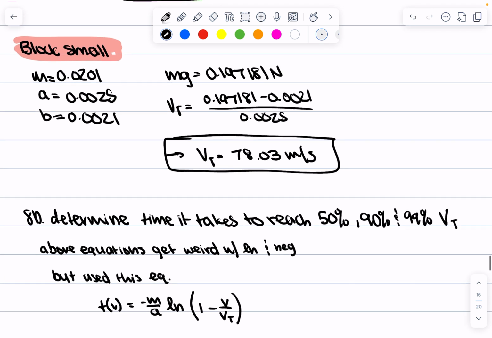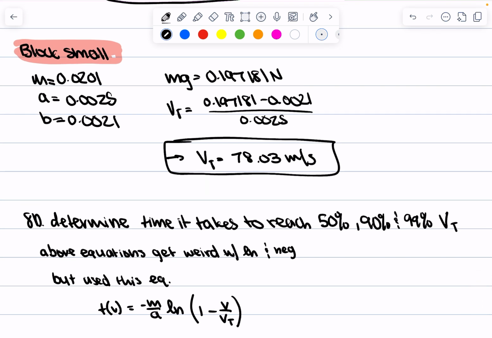And then 8d, determine the time it takes to reach 50%, 90%, and 99% of terminal velocity. Using the above equations with the ln's, especially inside the equation, some of them were turning up to be negative, and it was kind of funky.